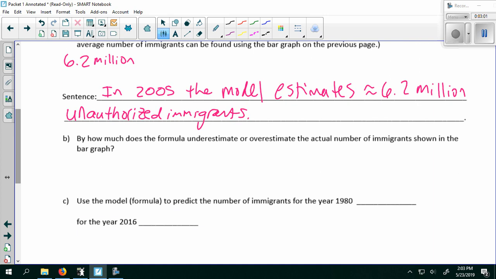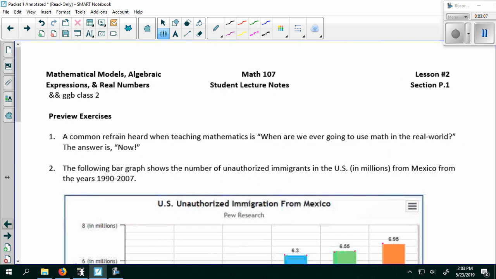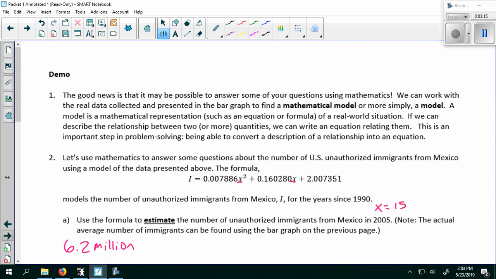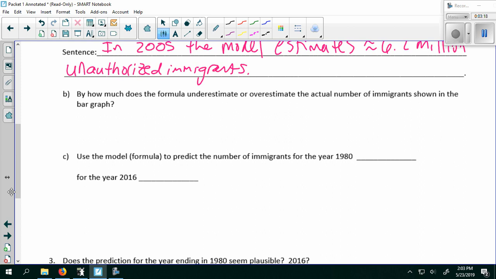Okay, so by how much does the formula underestimate or overestimate the actual number of immigrants shown in the bar graph? So in 2005, the bar graph says that there were 6.3 million immigrants. So that's 0.1 million or 100,000 that the model is underestimating. Underestimate by approximately 100,000.